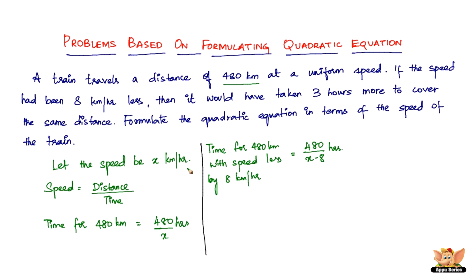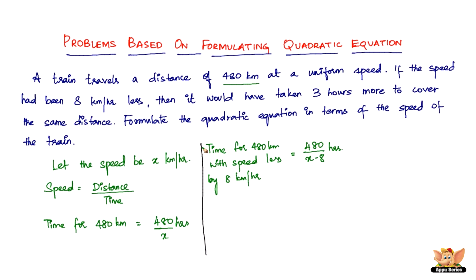In that case, the time would be distance by speed. Distance is 480, speed is x minus 8 kilometers per hour. Now it is given that if the speed had been less by 8 kilometers per hour, then the train would have taken 3 hours more to cover the same distance.